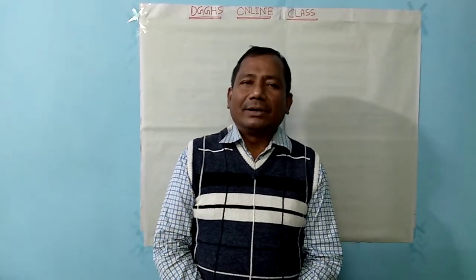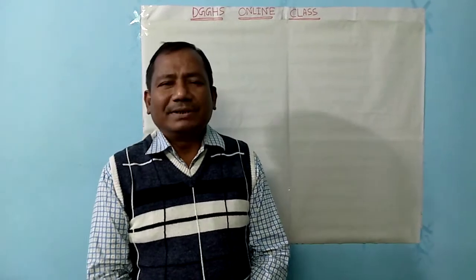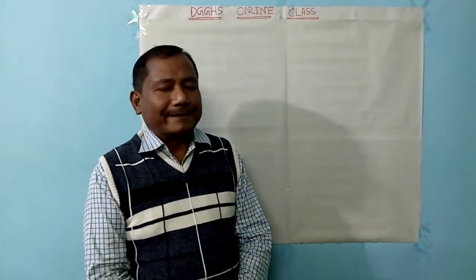So, in 1971, in the very early hours of 26 March, our great leader Bangabandhu Sheikh Mujibur Rahman declared the liberation of our country. So 26 March is our Independence Day.